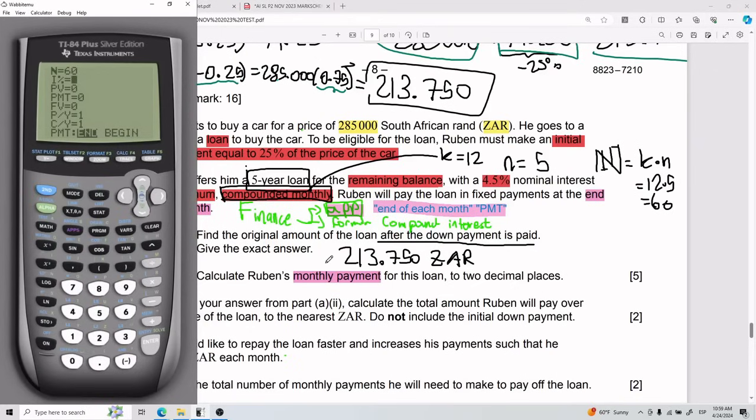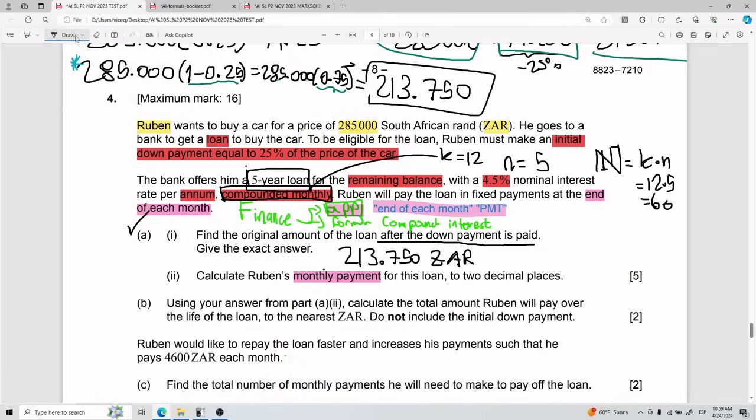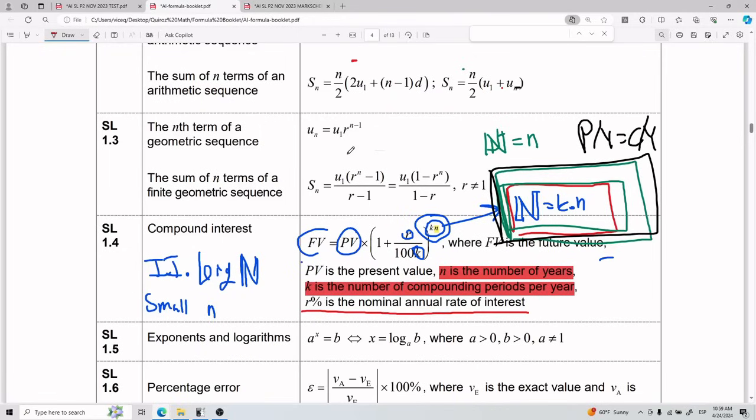This I%, as we can see here, is the nominal annual rate of interest. So basically, your rate of interest. And here they say 4.5% nominal interest rate. Some of you might be freaking out by the fact that it says nominal interest rate per annum, which sounds incredibly fancy, but per annum is like per year, which is, well, look at that.